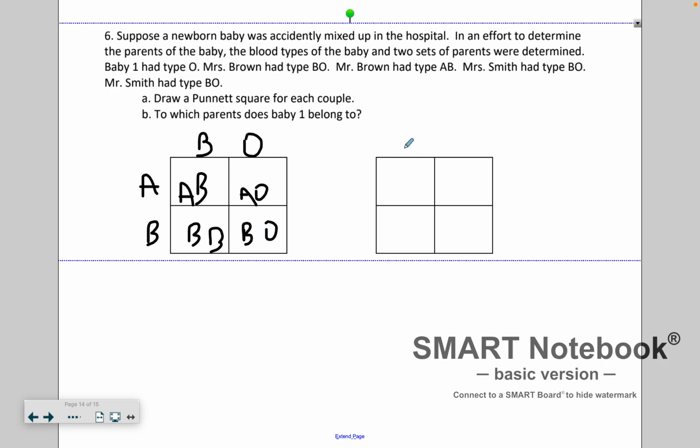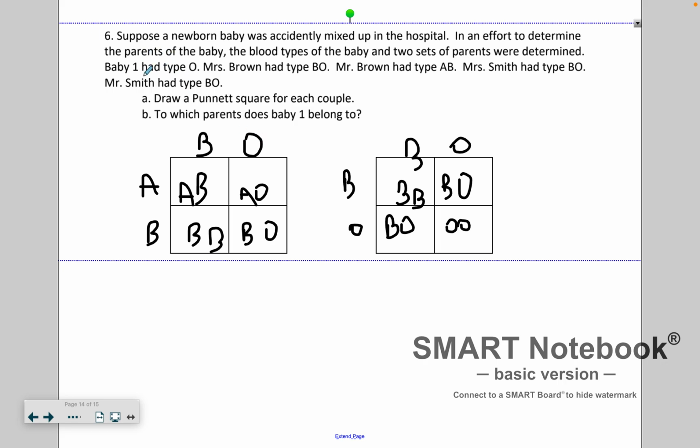And now we'll do the Smiths over here. BO for Mrs. Smith, and Mr. Smith was also BO. So now we're going to fill in this Punnett square. First square is big B, big B. Over here we got the big B, little O. Here we have another BO. And here we got double O.